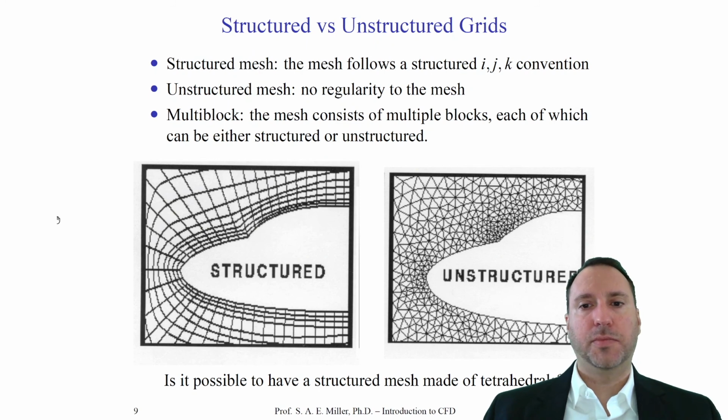It is assumed. There's no connectivity list in a structured mesh. For example, if I'm on a one-dimensional domain, my grid points might be labeled I equals 1, 2, 3, 4, 5. The implied connectivity, which is never written down for the one-dimensional structured mesh, would be 1 to 2, 2 to 3, 3 to 4, and 4 to 5. 5 grid points and 4 implied connectivities.